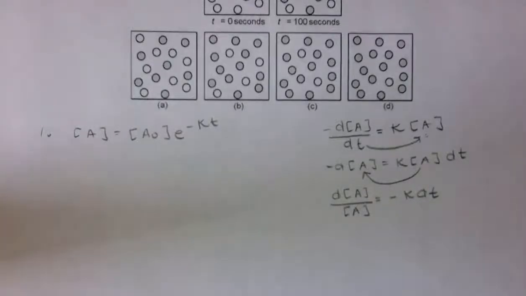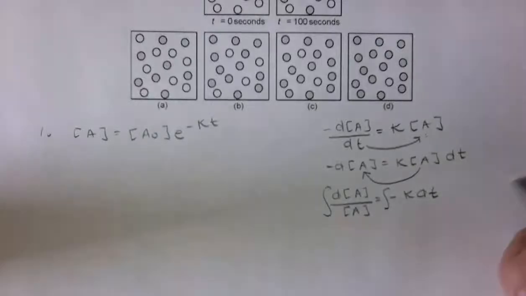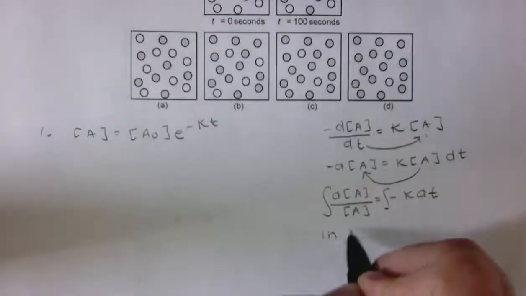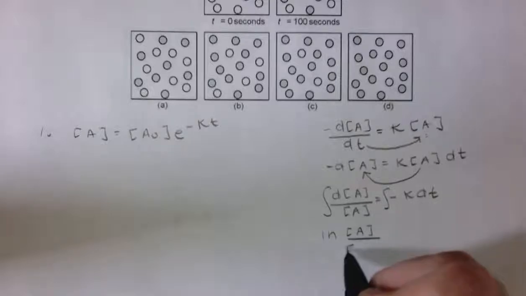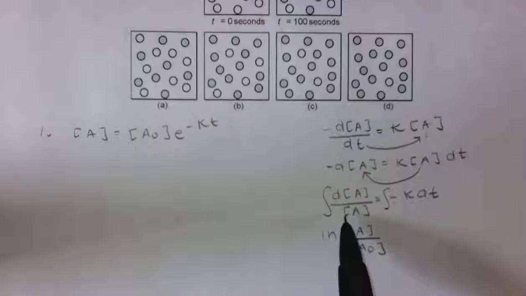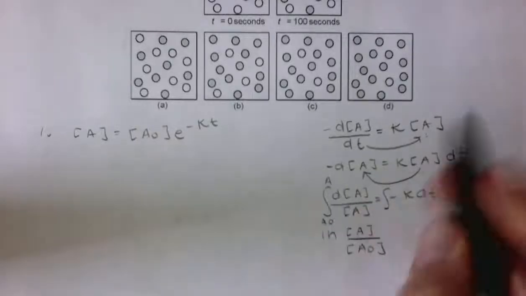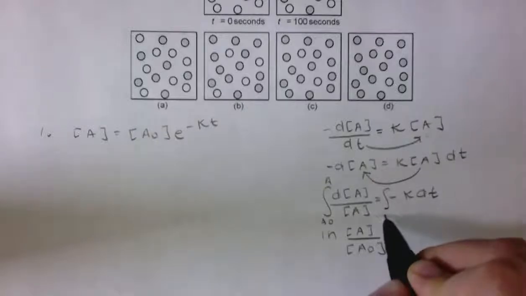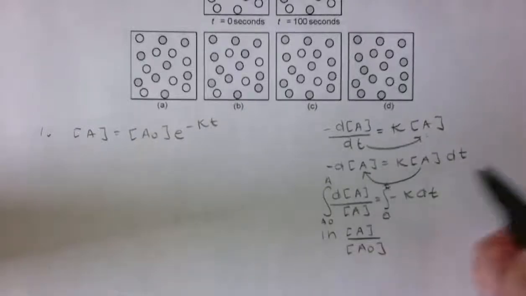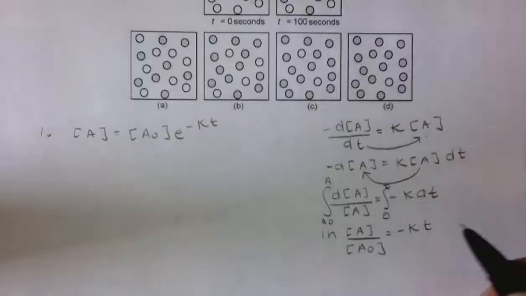And now this is just a matter of integrating both sides. So we get that ln of the concentration of A over the concentration of A naught, because in this case we're integrating from A naught to A, and in this case we're integrating from 0 to t, equals negative kt.